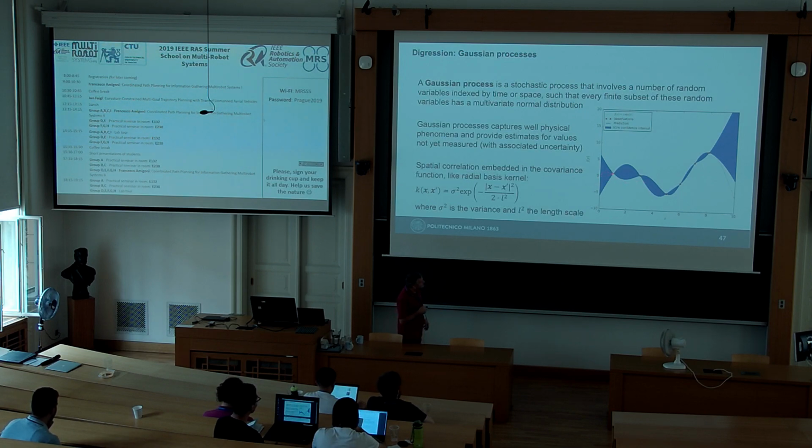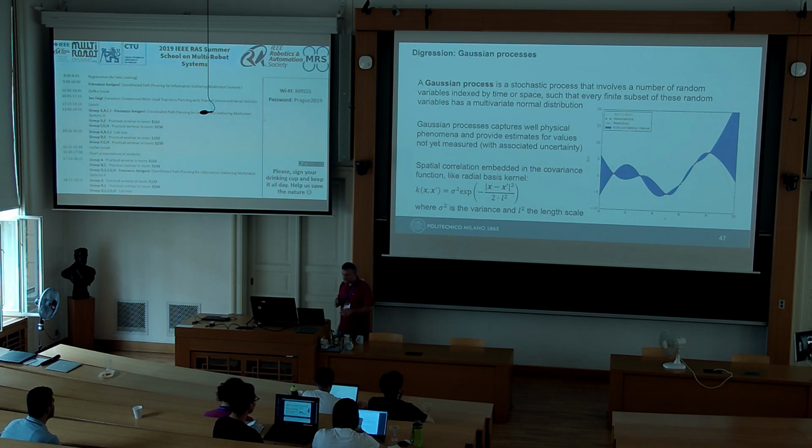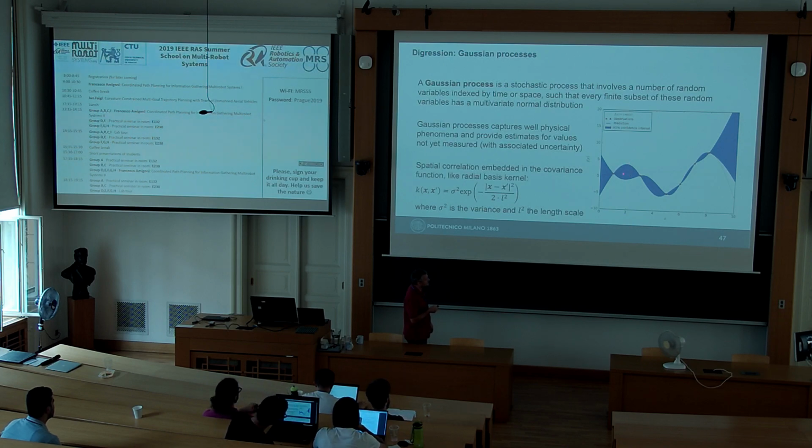So we assume that the dotted red line, which is a sine curve, is the phenomenon, and then you have some observations of this, which are the red points, and then you try to infer what are the quantities that you have not measured. So here you don't have a measure from this point, and the Gaussian process can tell you that it is something in between this interval here.